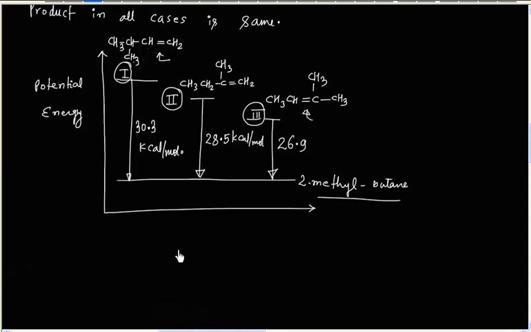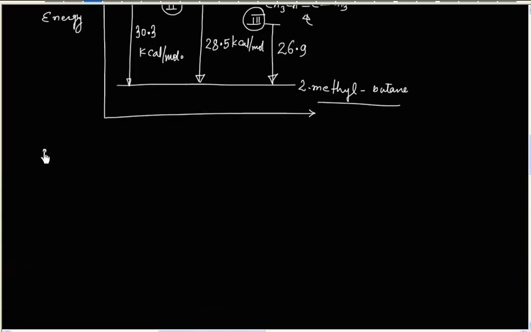So from this data we can say internal alkene is more stable than terminal alkene. So first important point we can say: internal alkene is more stable compared to terminal alkene.